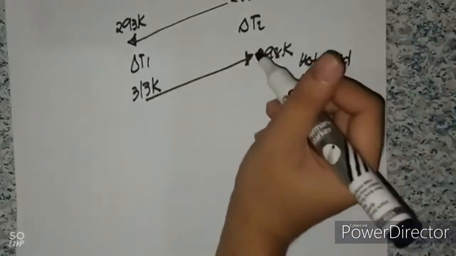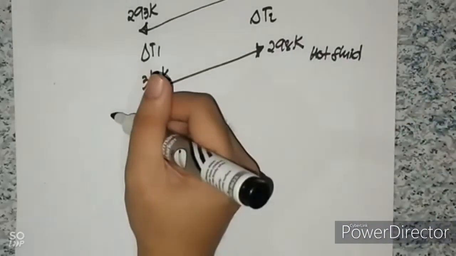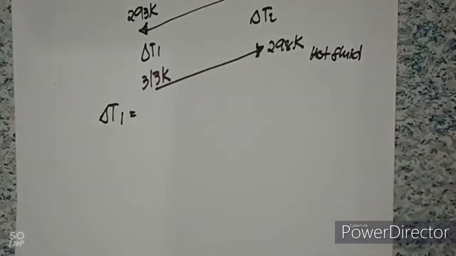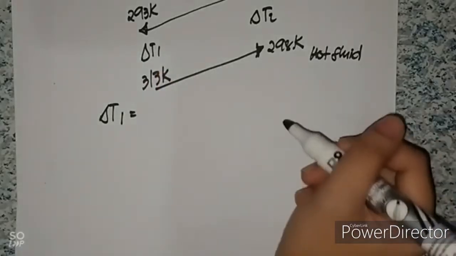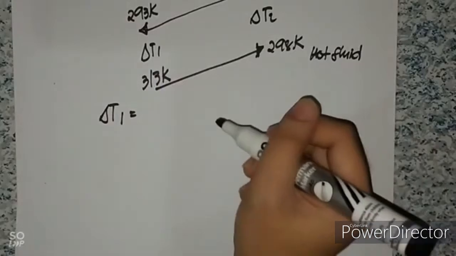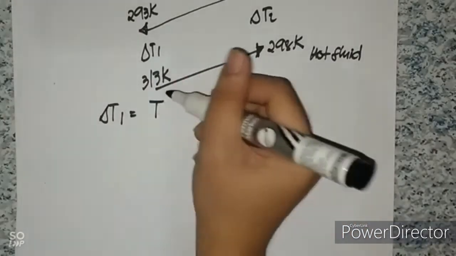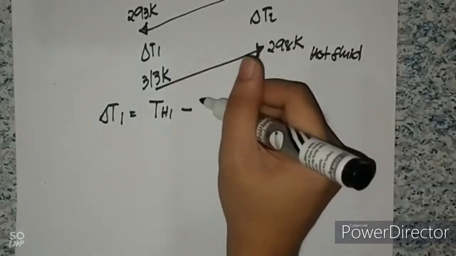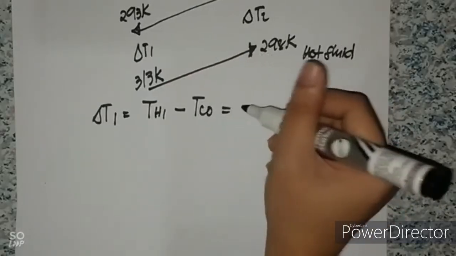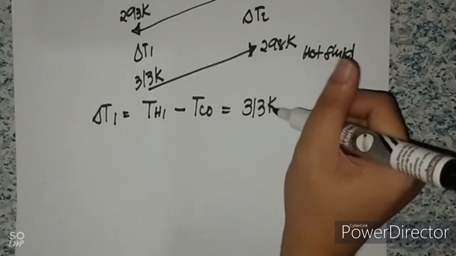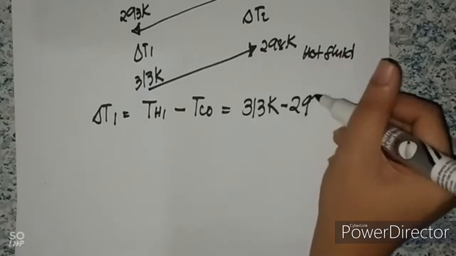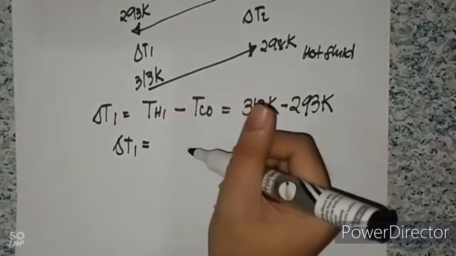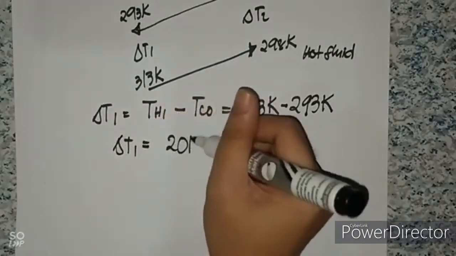To calculate delta T1, that's equal to the temperature of the hot fluid that enters minus the temperature of the cold water that leaves. That would be 313 Kelvin minus 293 Kelvin, and our delta T1 is equal to 20 Kelvin.